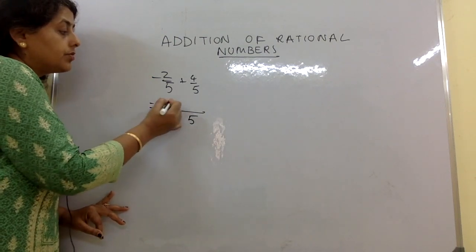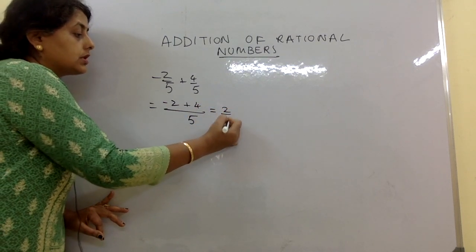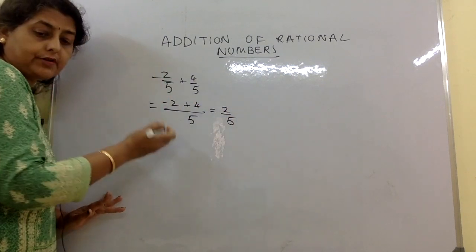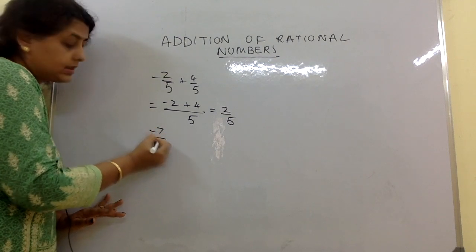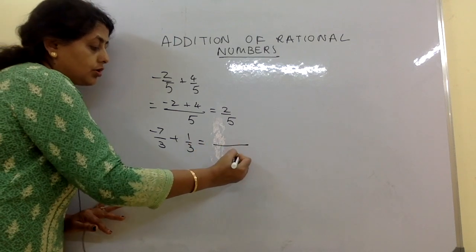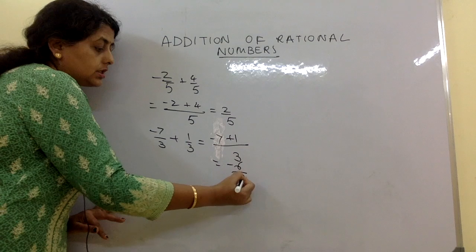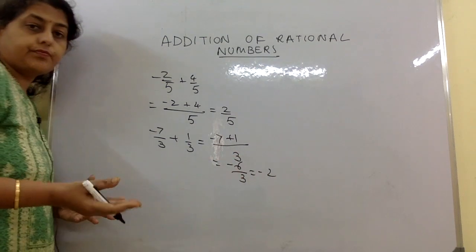Straight copy the denominator, copy the numerators, use the integer addition and you get 2 by 5. Pretty simple. Minus 7 by 3 and plus 1 by 3. Again same denominator, copy the denominator, copy the numerators, use integer work and you get a minus 2.